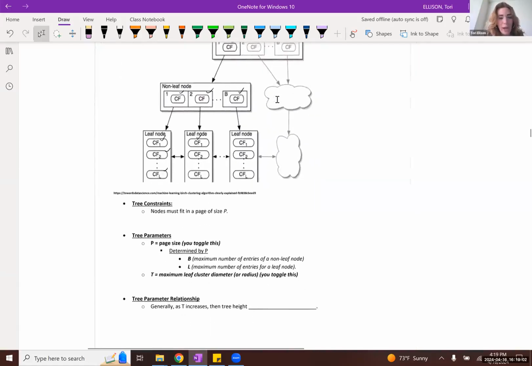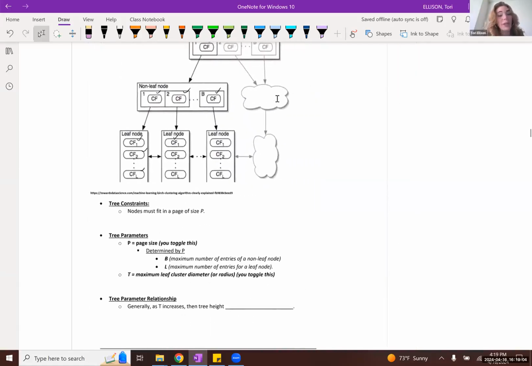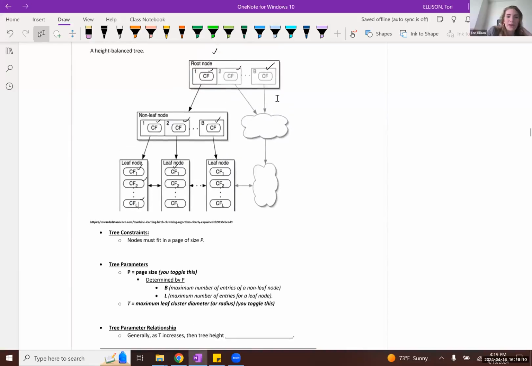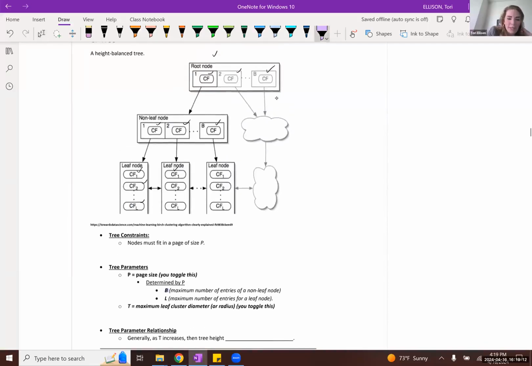So we typically have a set of additional parameters or constraints that we can specify when building this CF tree. Number one, we can specify how many CF entries we'd like to allow in our non-leaf nodes.